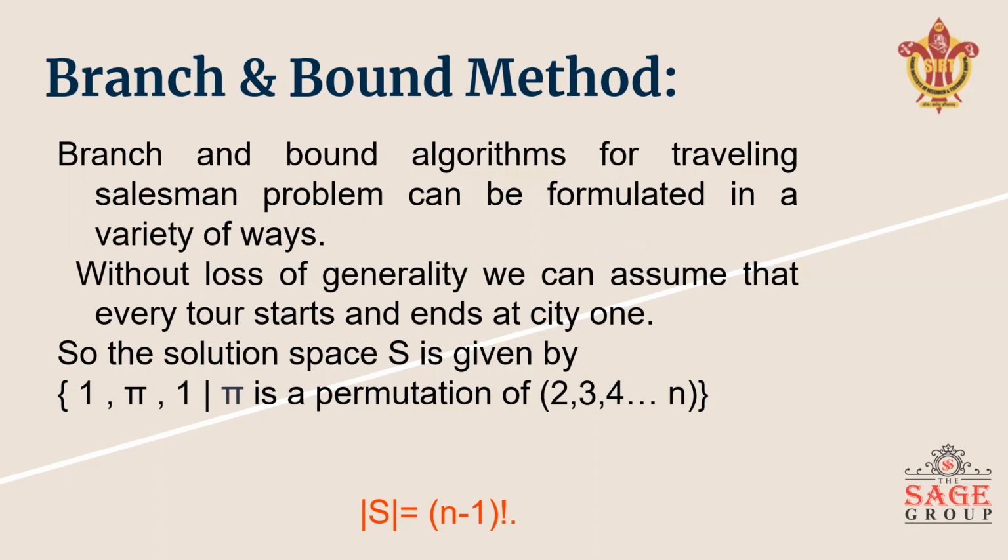The one case we will discuss here, without loss of generality, we can assume that every tour starts and ends at city 1. So the solution space S is given by 1, pi and 1, where pi is the permutation of 2, 3, 4 up to n, where n is the total number of cities given here. So this is the way we will clear this in the example in the next slides.